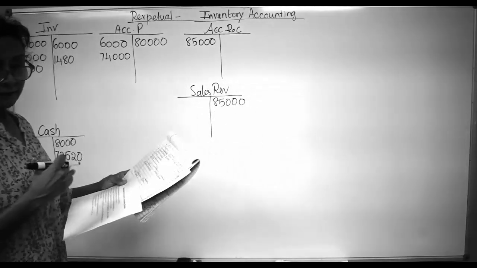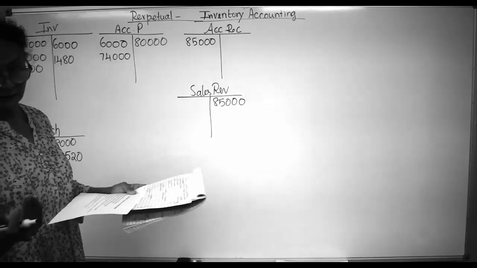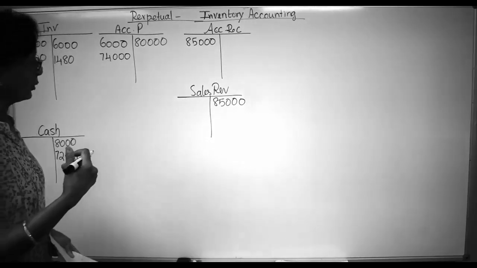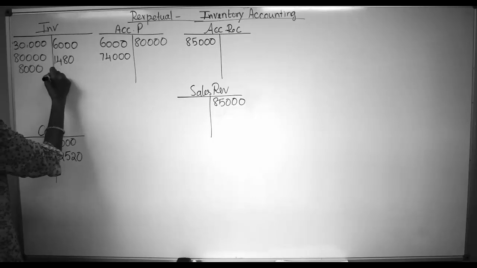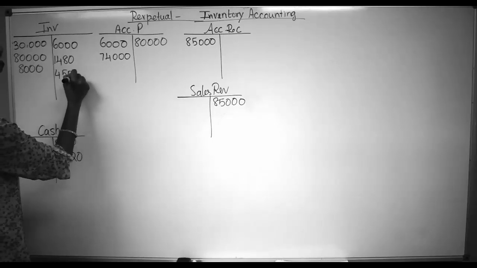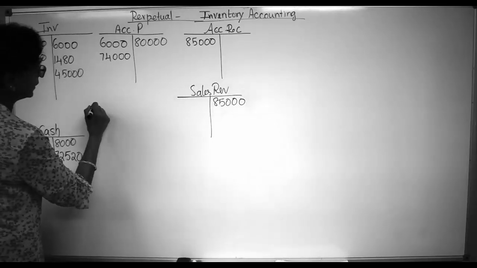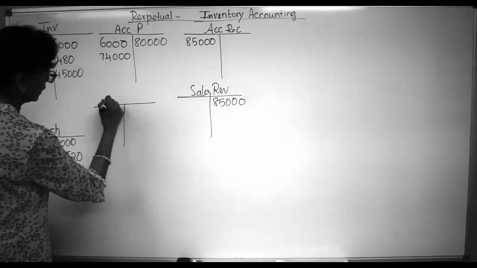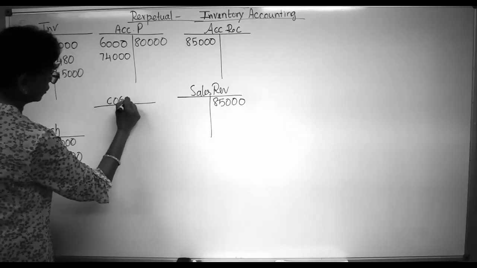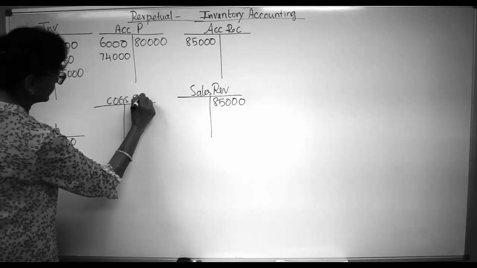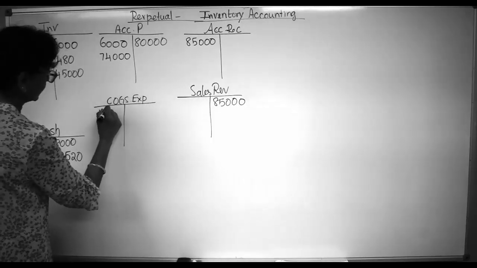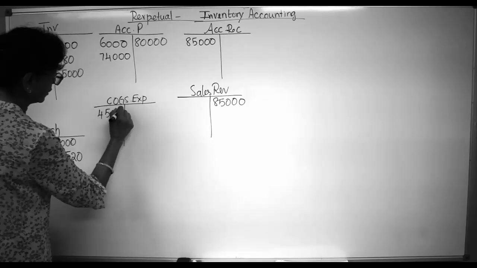Now, the cost of the television sold, $45,000. So the inventory goes down by $45,000. So you credit inventory for $45,000 and you debit cost of goods sold expense for $45,000.